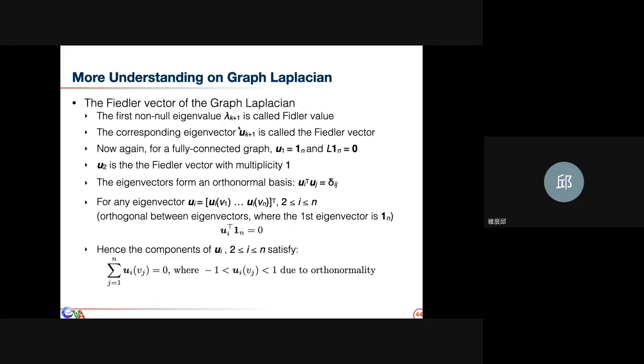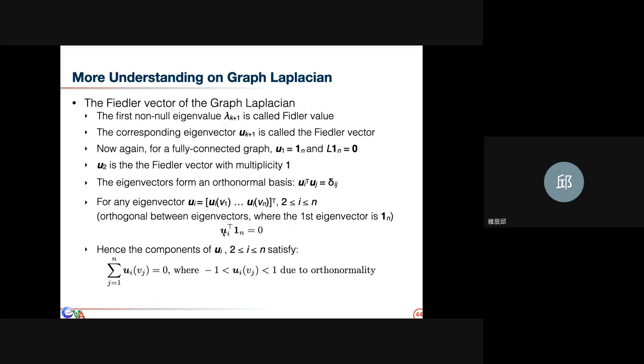Again, from linear algebra, all the eigenvectors are orthogonal to each other. Now we know that the first eigenvector of the graph Laplacian matrix is a 1 vector, and all the other eigenvectors should be orthogonal to the first eigenvector, which is a one vector.